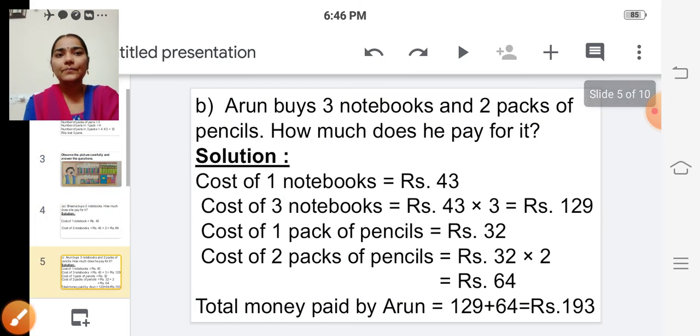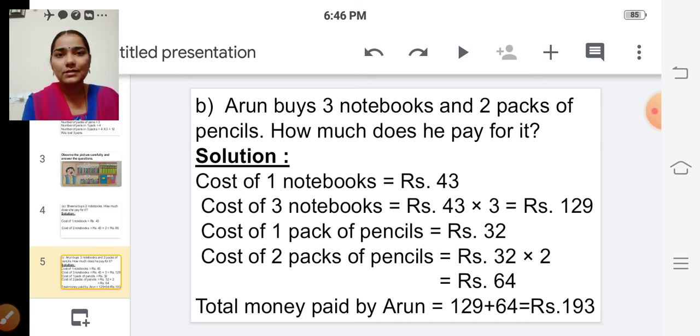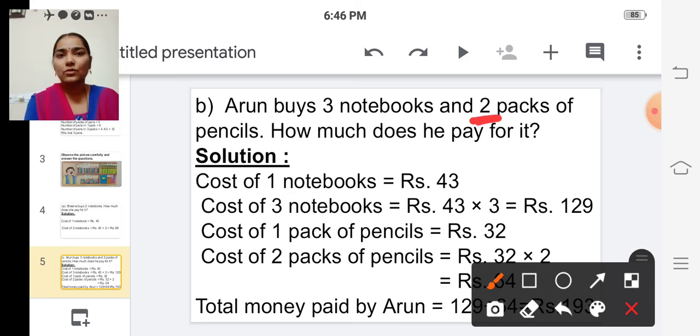He buys 2 packs of pencils. So we have to find out the cost of 2 packs of pencils. For that, we have to multiply rupees 32 into this 2. Then we will get the cost of 2 packs of pencils.